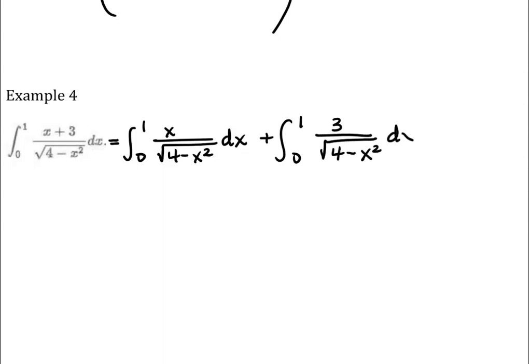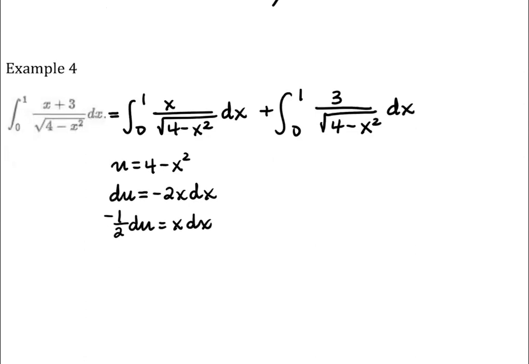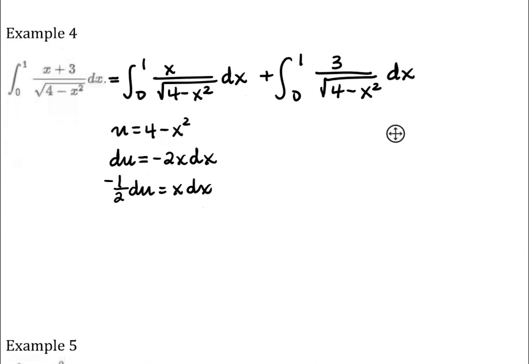Now for that first integral, we've already talked about how we could integrate that. The first integral we can integrate using u substitution. We can let u be 4 minus x squared, and then du would be a negative 2x dx, and then I could say that negative 1/2 du is x dx, and then I could go through with my substitution.